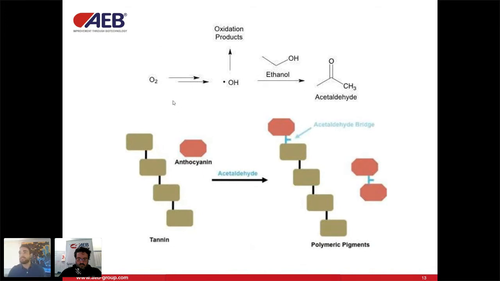In a barrel, the oxygen reacts with the ellagic tannins of the wood, which get oxidized and produce peroxide. This peroxide reacts with ethanol, creating acetaldehyde. Once this acetaldehyde is formed, it can help bind these tannins and anthocyanins to create the more stable color, the polymeric pigment.